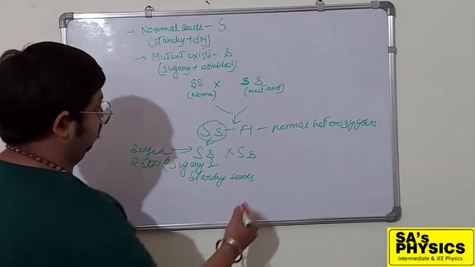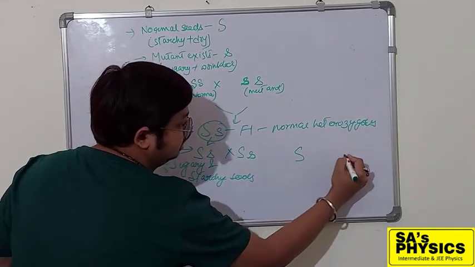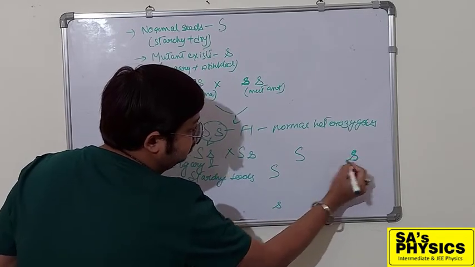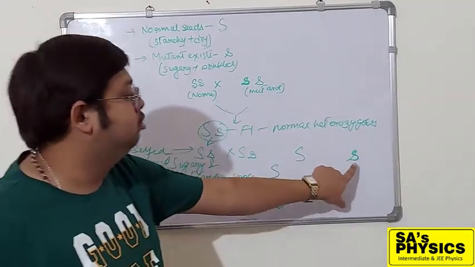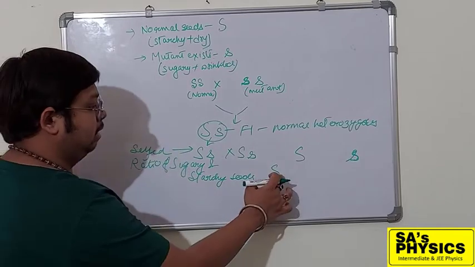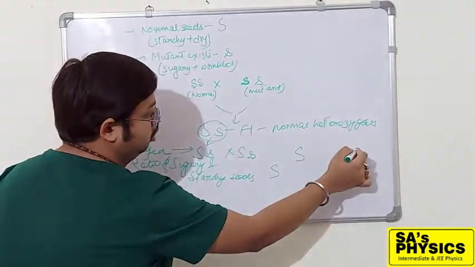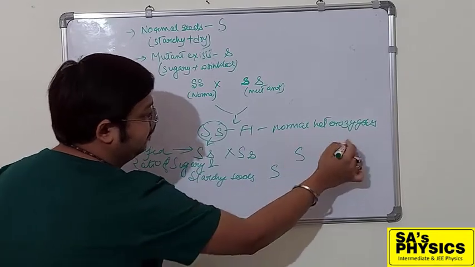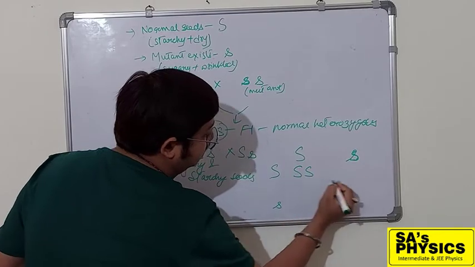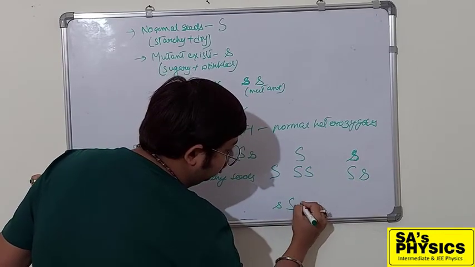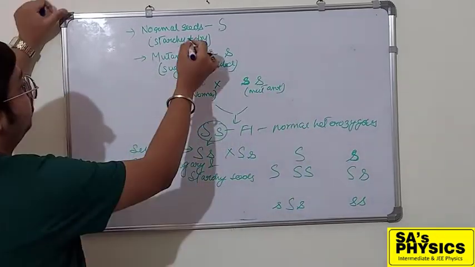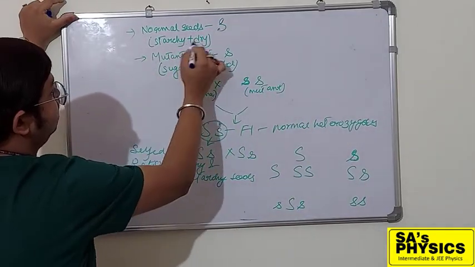Right? This is your normal gamete, this is your mutant gamete. So you are crossing F1 with the other parent. So you will get capital S capital S, capital S small s, capital S small s, and small s small s. And we know that normal seeds are starchy and dry.